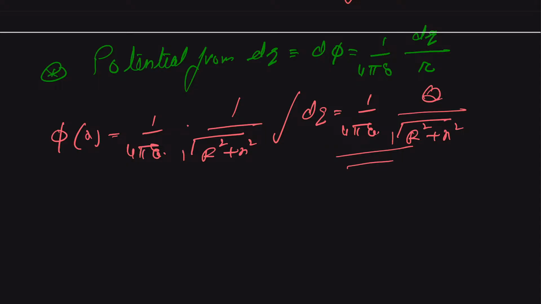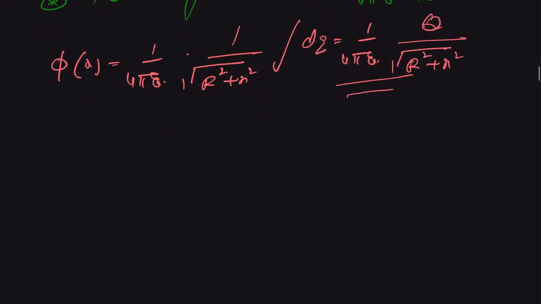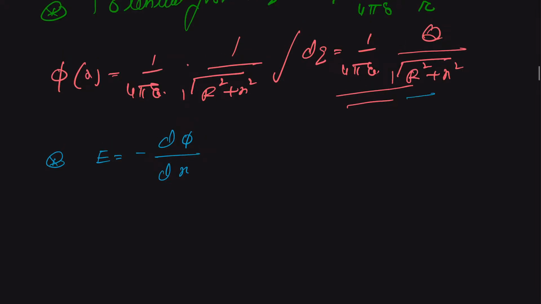Now in part C, it says that we have to prove that the electric field is equal to the negative derivative of this potential. So we simply differentiate it.